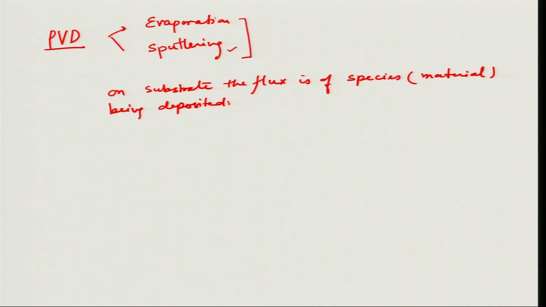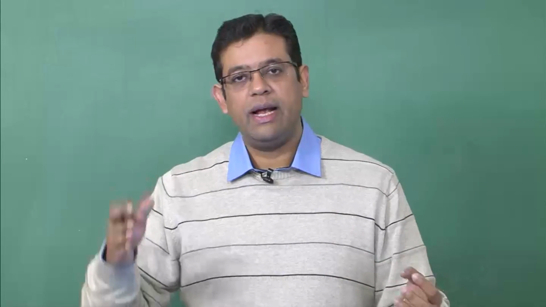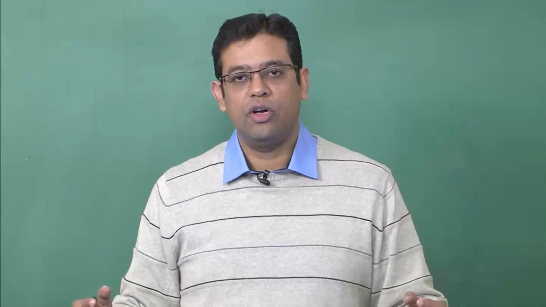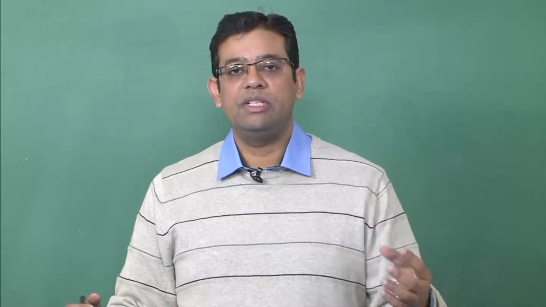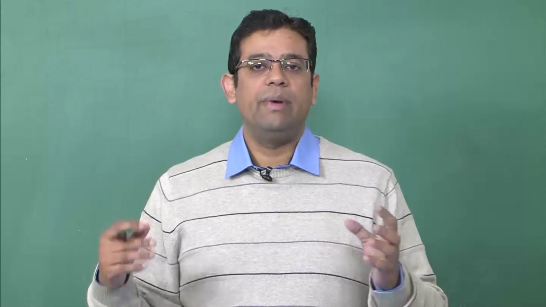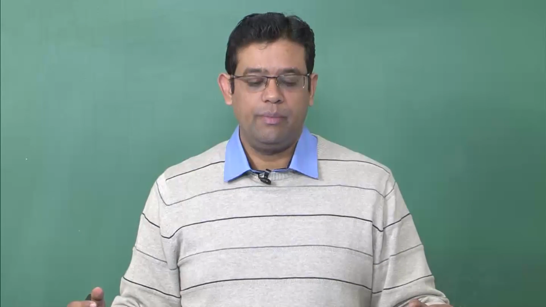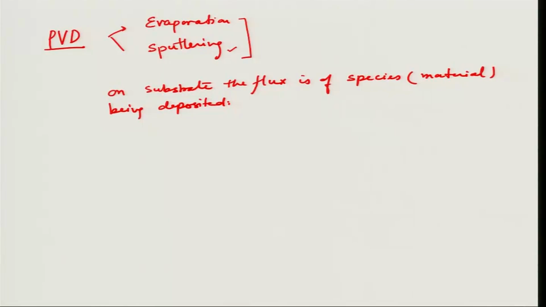So, if we want to make a thin film of gold, we evaporate gold and make a thin film of gold on our substrate. If we want to deposit aluminum oxide, we use sputtering to mechanically remove atoms or molecules of aluminum oxide and deposit on our film. Sometimes we also use reactive sputtering. So, we have two fluxes coming in together onto the substrate, but the flux is in elemental or molecular form of the species being deposited.